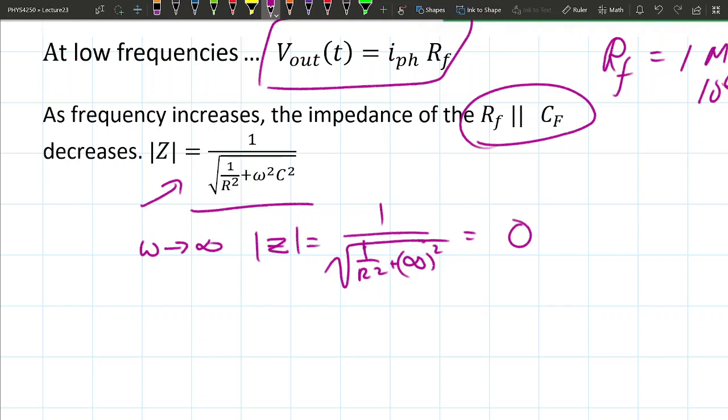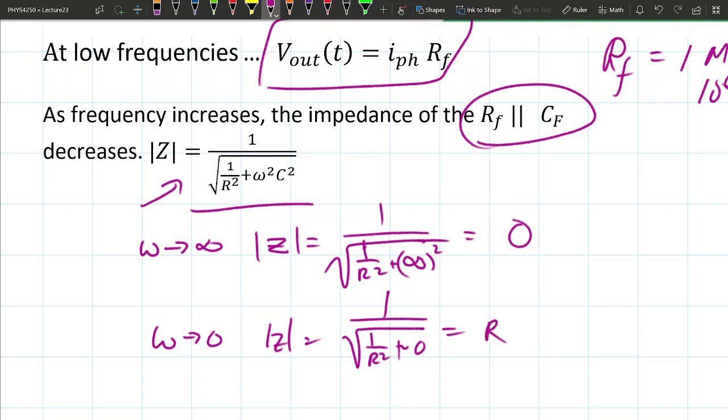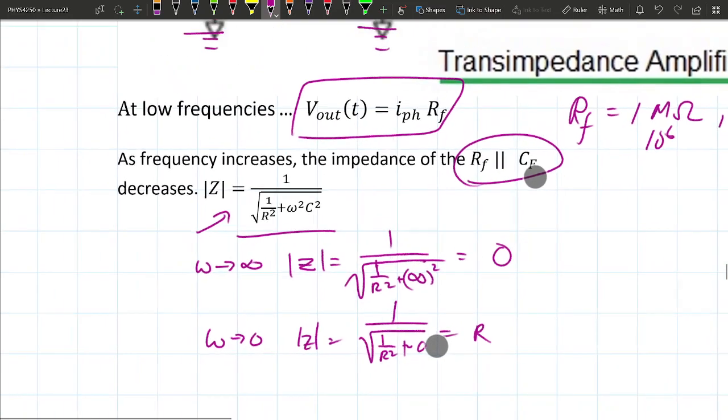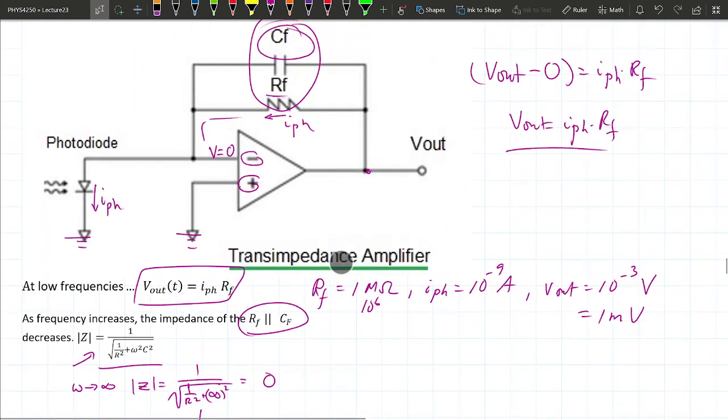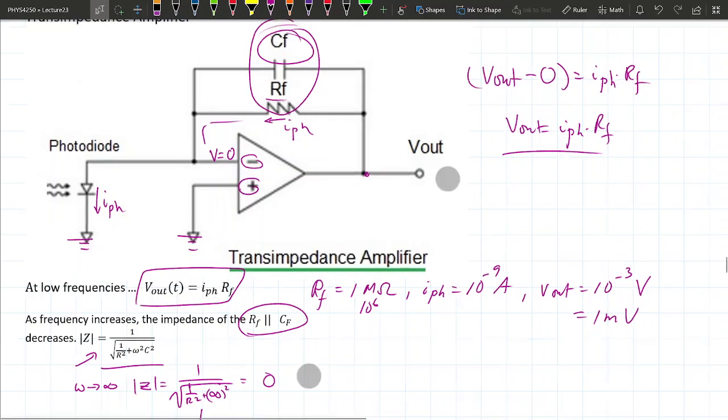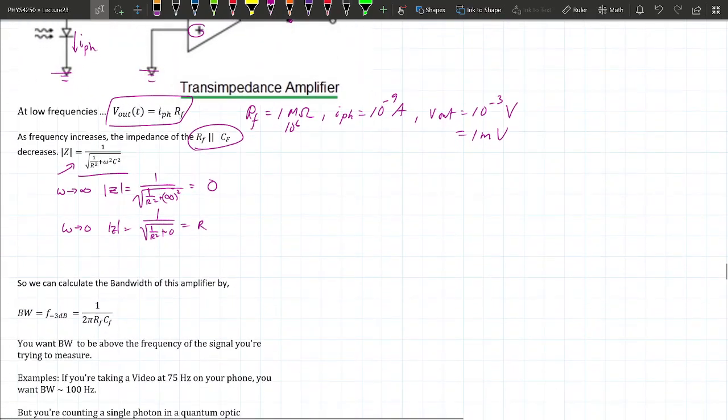As omega goes to 0, this second term basically goes to 0, and your impedance basically goes to r. So you get your regular impedance back. That's why that little feedback capacitor in there is very useful for knocking out the high frequency noise you'll see as the light that hits your photodiode changes at a very high rate.